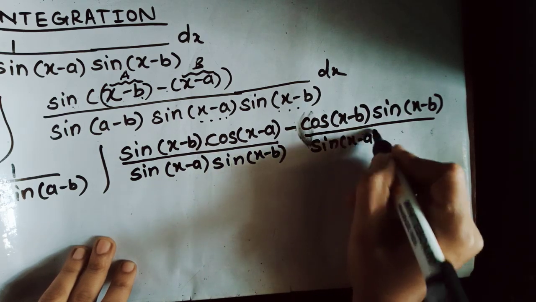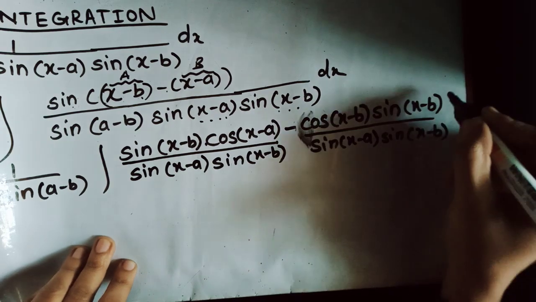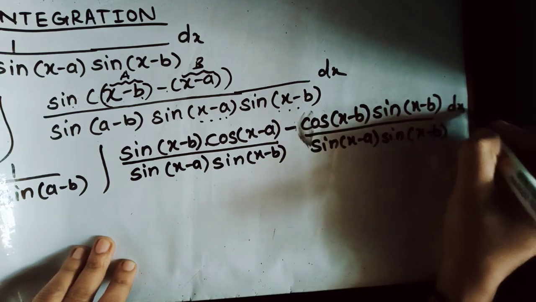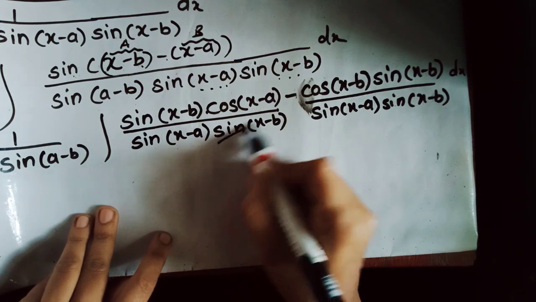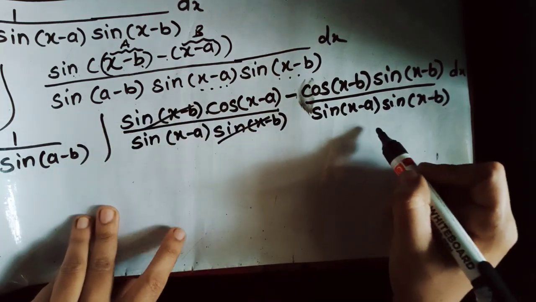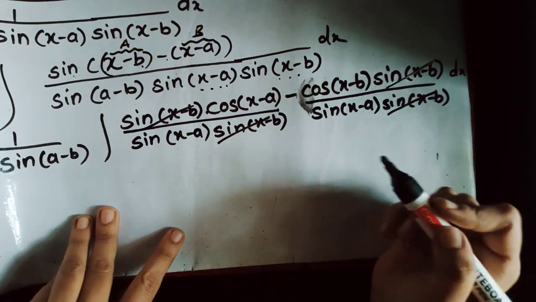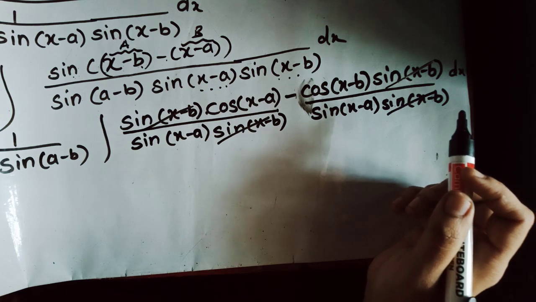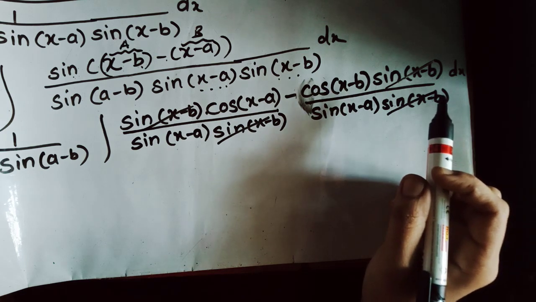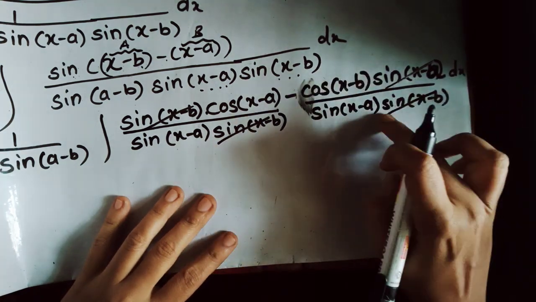Now I will write this denominator separately: sin(x minus a) sin(x minus b), and then there is a dx. Okay, so you can cut the like terms. This gets cancelled and this gets cancelled. Oh, this is x minus a.